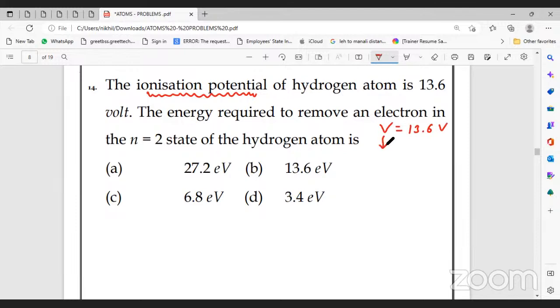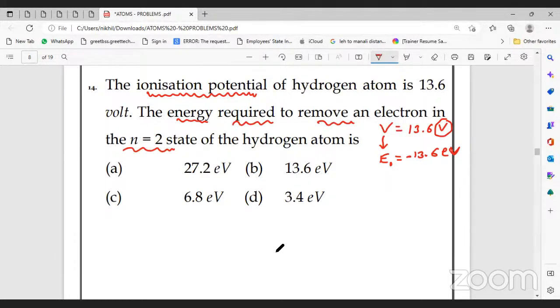Ionization potential is the same as the ionization energy, that is 13.6, but instead of writing volt, you have to write electron volt. This is nothing but the ground state energy, that is the energy in the first orbit. But what are they expecting? They are expecting you to find the energy required to remove an electron in the n equals 2 state.